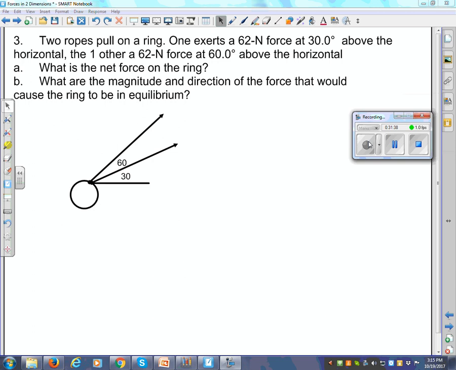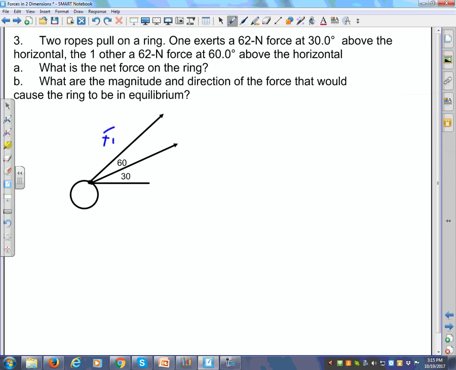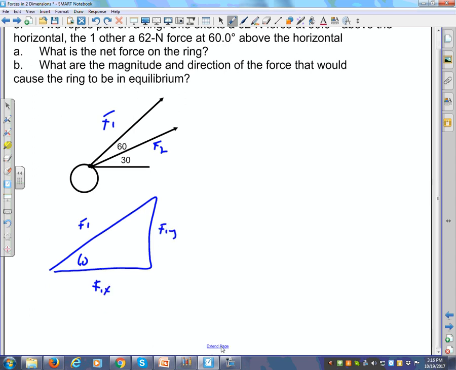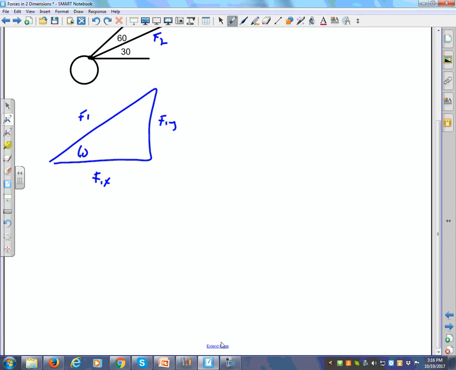How do you add vectors? F1, F2, 60 degrees. F1, F1x, F1y. F2, F2x, F2y.